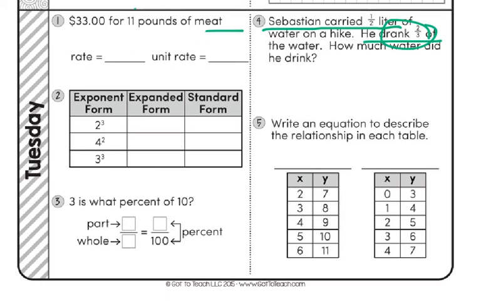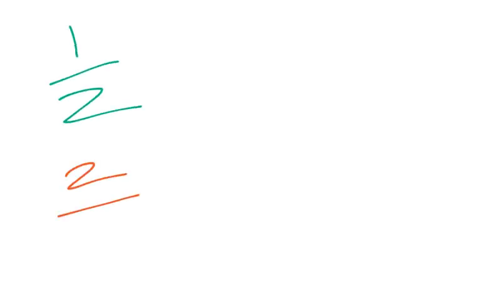The first thing you're going to need to do is get those 2 fractions to have common denominators. So we have 1/2 and we have 2/3. And to be able to find how much he drank, we need to get them to have common denominators so we can perform that problem to find how much he has left.